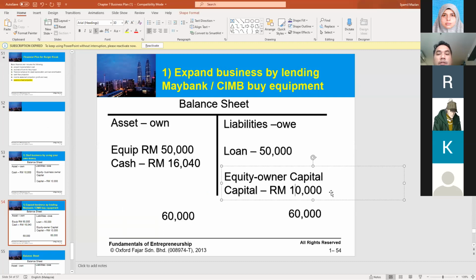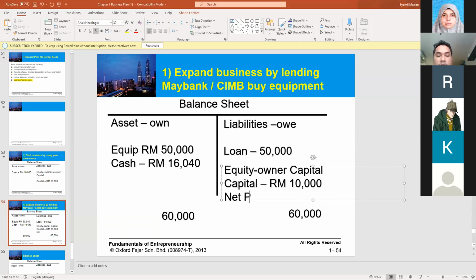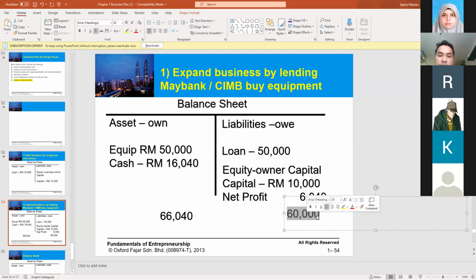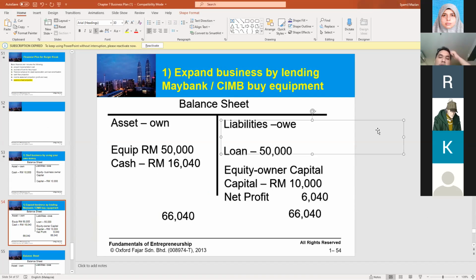How about your capital? Your capital also increases, right? Because you make a profit of 6,040 ringgit. So your balance also increased. Clear that?